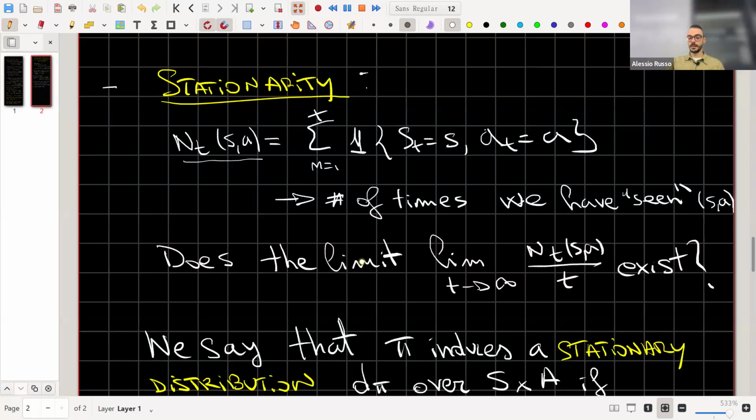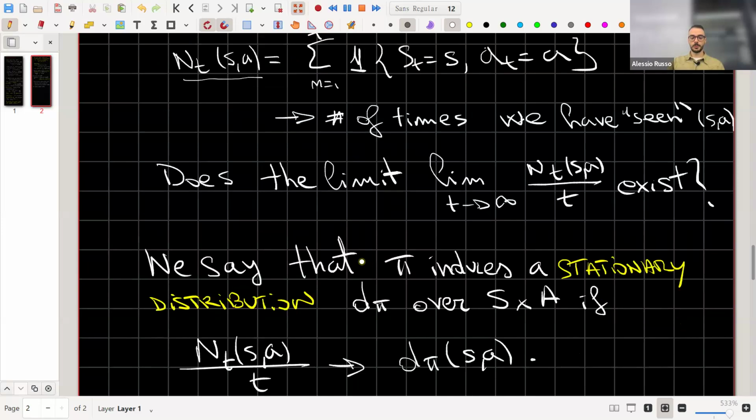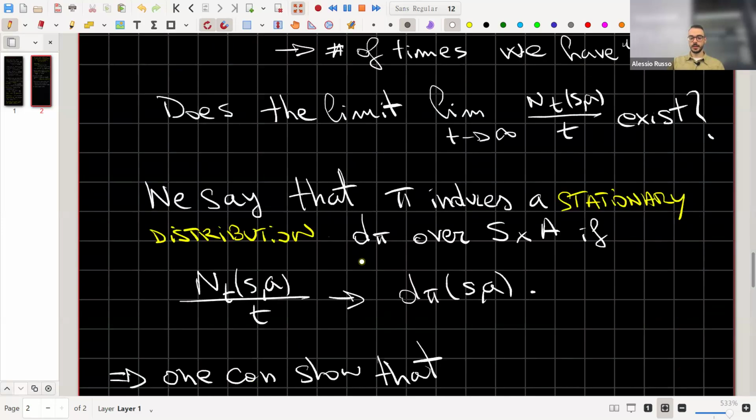If this limit exists and is finite, we say that pi induces a stationary distribution d pi over S times A, the state action space. And this quantity converges to this d pi. So this d pi represents how frequently you will visit SA at infinity.